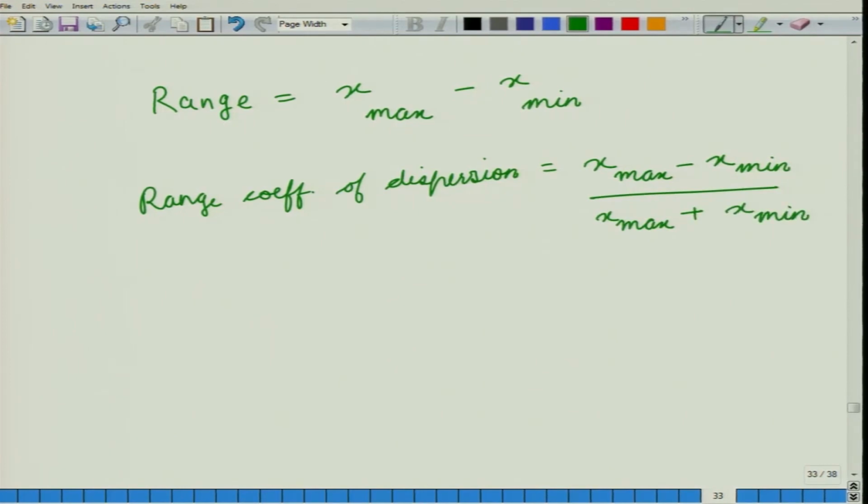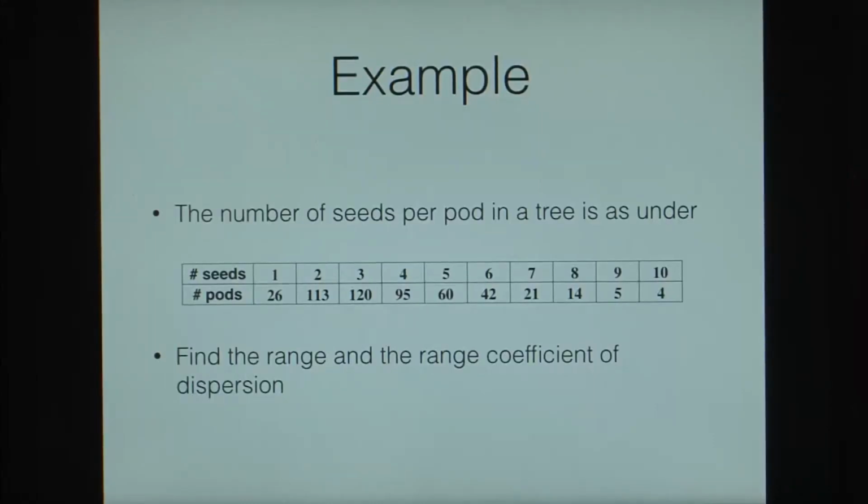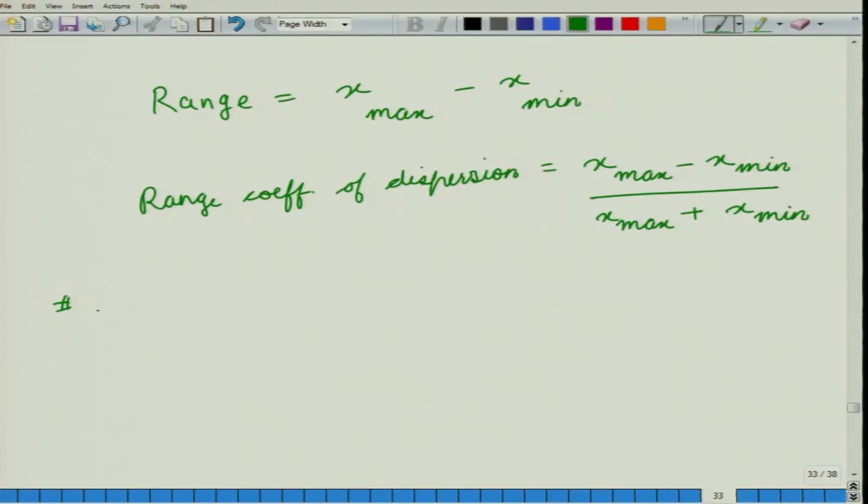So to take an example, here we have the number of seeds per pod in a tree. So we have the number of seeds and the number of pods, and we are required to find out the range and the range coefficient of dispersion. The number of seeds goes from 1, 2, 3 all the way up till 10, and the number of pods is also given as 26, 113, 120, so on up till 4.